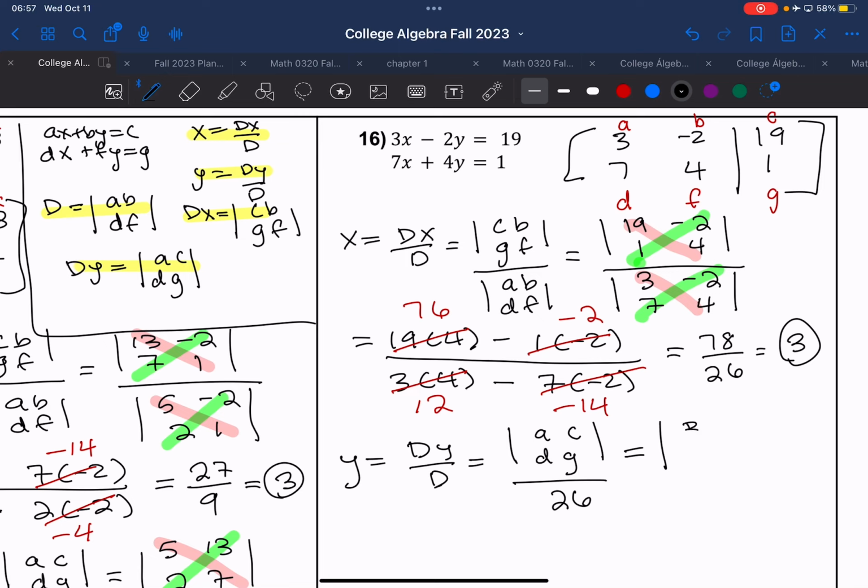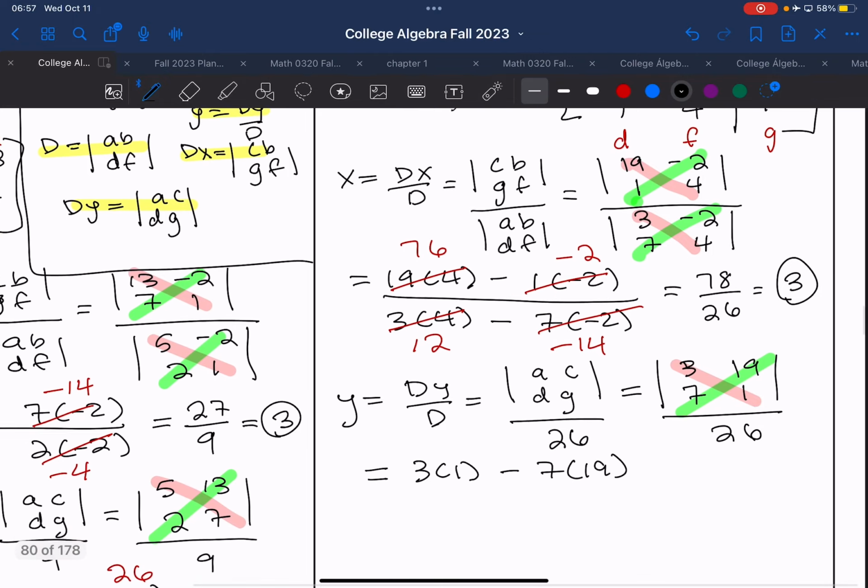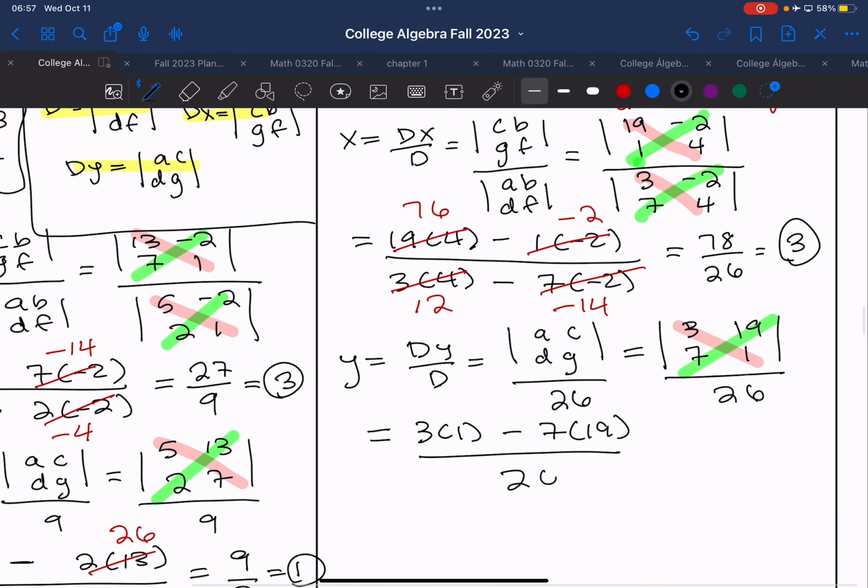So A is 3, C is 19, D is 7, G is 1. Make sure I'm multiplying on the correct diagonals. And I get 3 times 1 minus 7 times 19 all over 26.